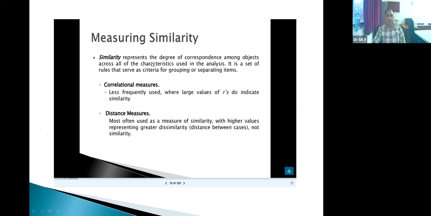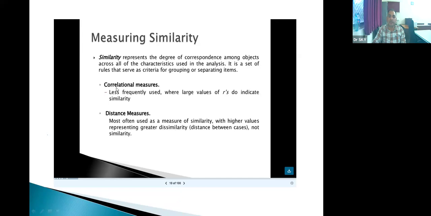Similarity represents the degree of correspondence among objects across all of the characteristics used in the analysis. So it is a set of rules that serve as criteria for grouping or separating items.